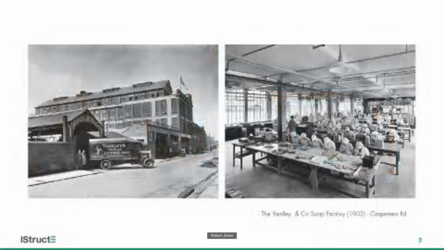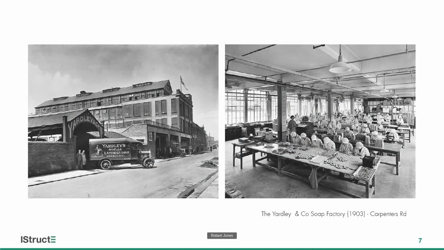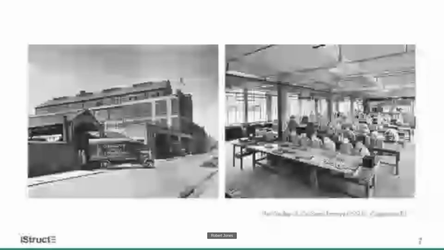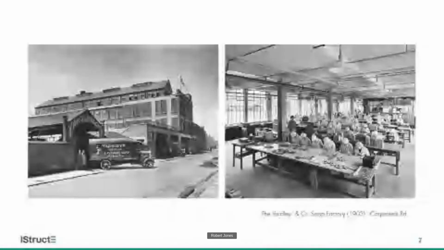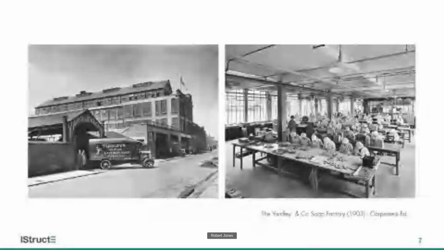They also took inspiration from the area, so on Carpenter's Road, which runs along the back of the Stratford Waterfront site, there were previous factories, workshops, and various industrial life that they wanted to emulate and bring forward into the modern design.